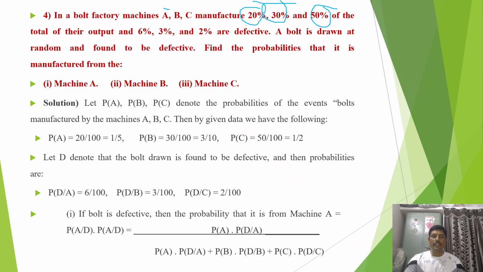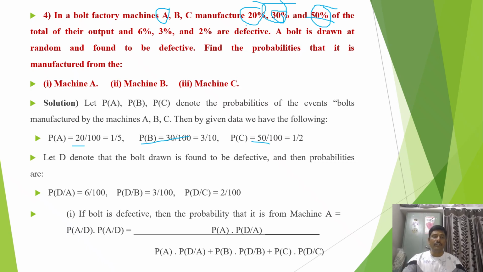So the probability of manufacturing bolts by A is P of A, that is 20 by 100, the probability of manufacturing bolts by company B is P of B, that is 30 by 100, and the probability of manufacturing bolts by company C is P of C, that is 50 by 100.